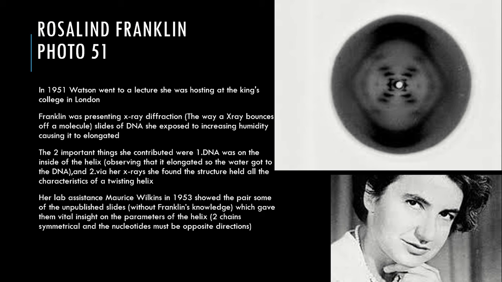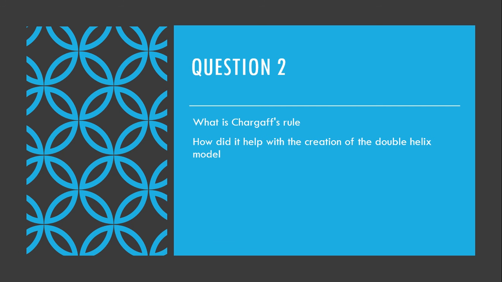Watson said it was greatly helpful because it showed some of the parameters of the helix model: that it was two symmetrical chains together, and that the nucleotides had to be opposing each other. Next one, I want you to think about these questions on the screen.